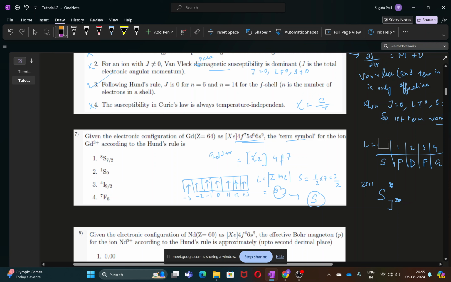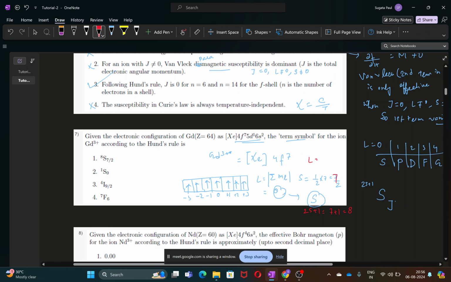Now, if S is 7 by 2, then 2S plus 1 is just 7 plus 1, that is 8. And for your J, this is half filled. We know that for less than half filled it is mod of L minus S, and for greater than half filled it is L plus S. But for half filled both hold, so both options will be correct.